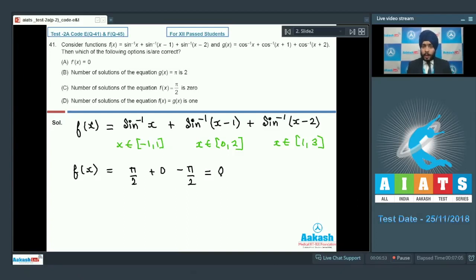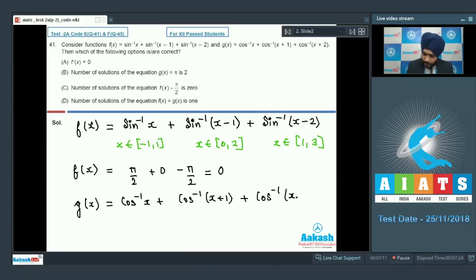Similarly, talking about g(x), cos inverse x plus cos inverse (x plus 1) plus cos inverse (x plus 2). All the three numbers have to lie between minus 1 to 1. Here x belongs to minus 1 to 1.